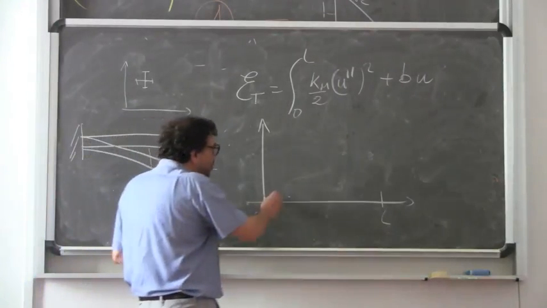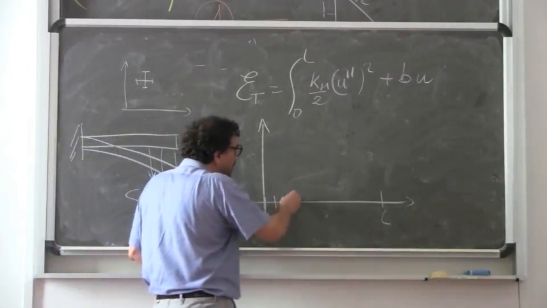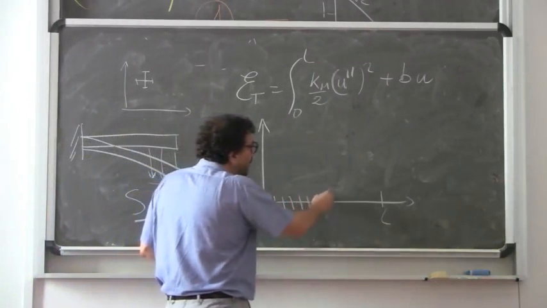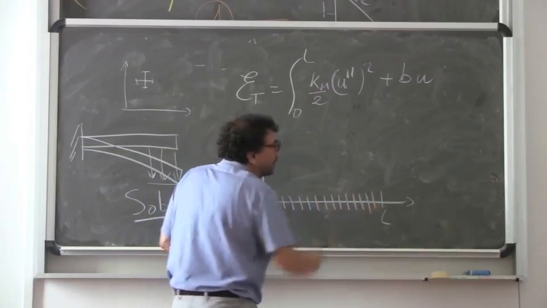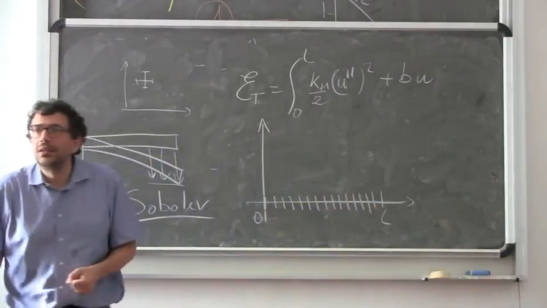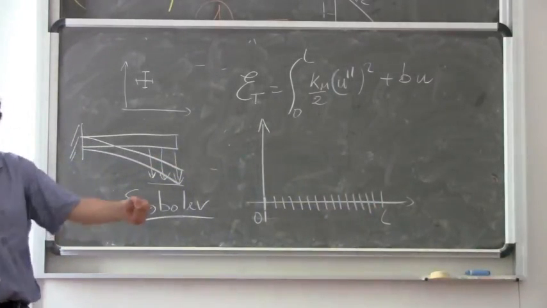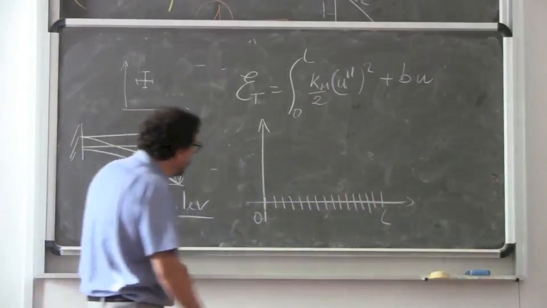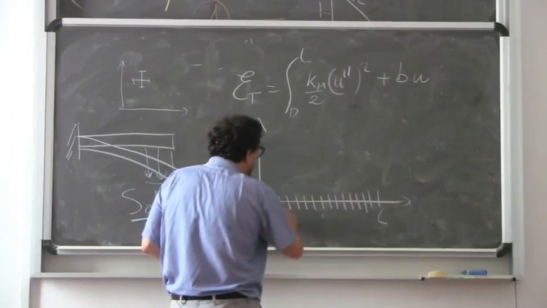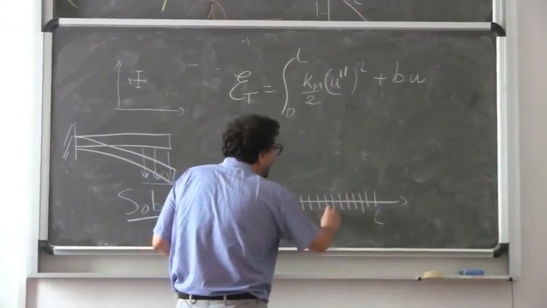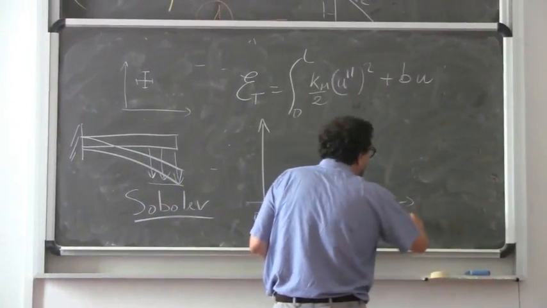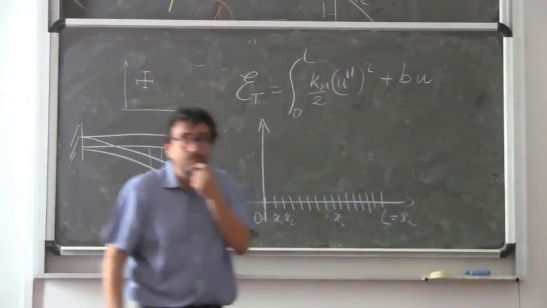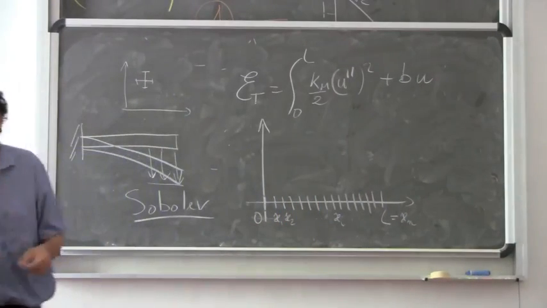Then you can find a reasonably refined partition of this interval. So you choose x1, x2, xi. The last xn is equal to l. Okay?